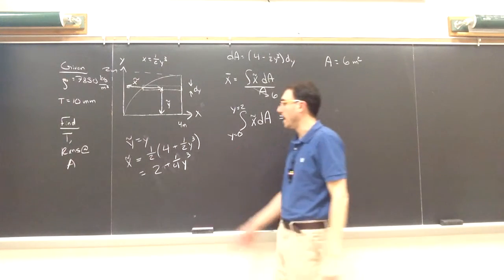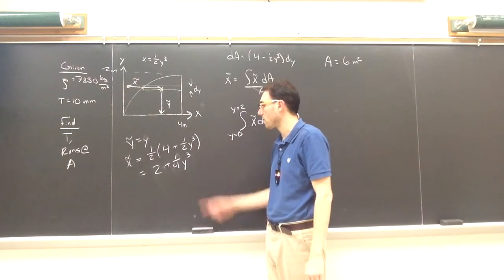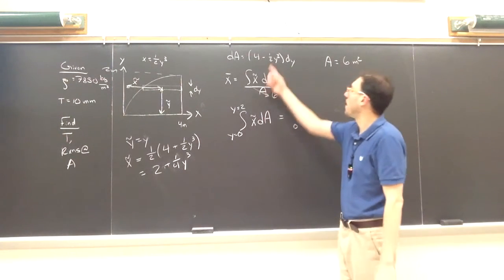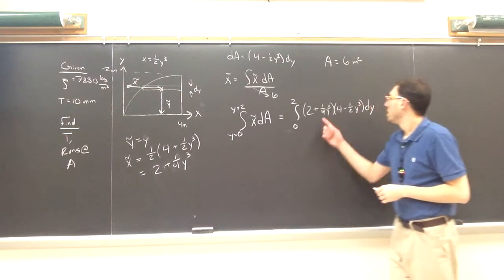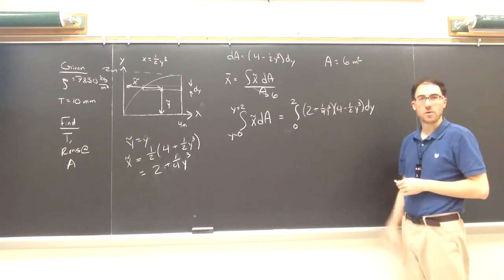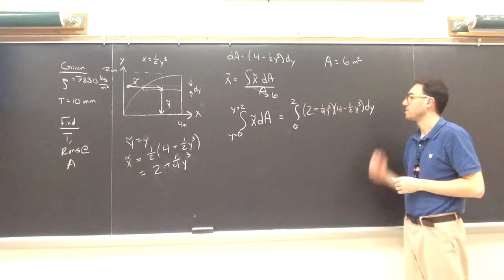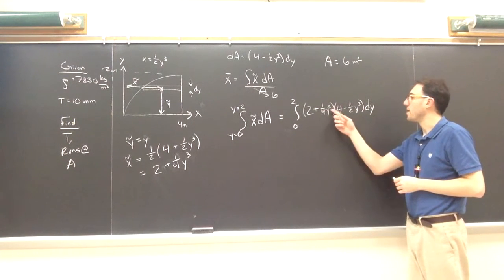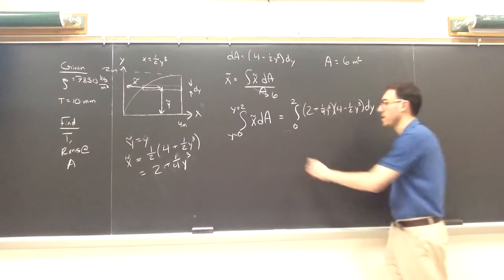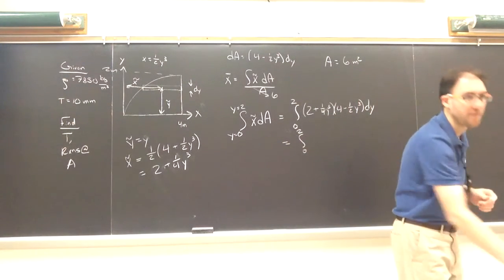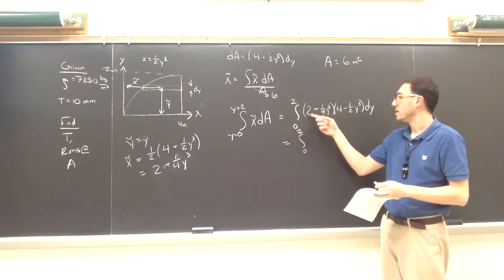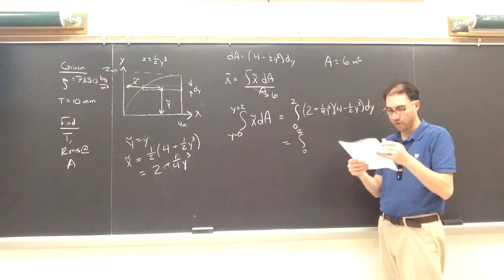X tilde, this one will be the harder one, 2 plus 1/4 y cubed, multiplied by our dA here. We have to FOIL this out in order to do our integration. We have the y cubed term and we have a constant term here.